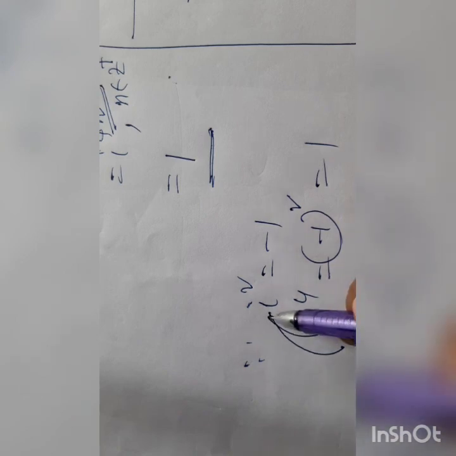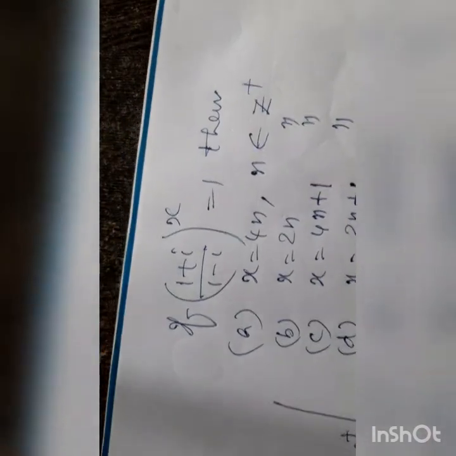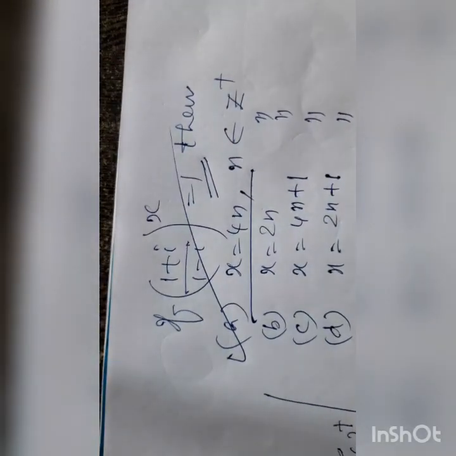This is i power 4, and this is i power 8 equals minus 1 power 4, which is 1. So 4, 8, 16, like this it will come. So it is 4n. Therefore, the answer is x equals 4n; then only this will be 1. The first option is the right answer.